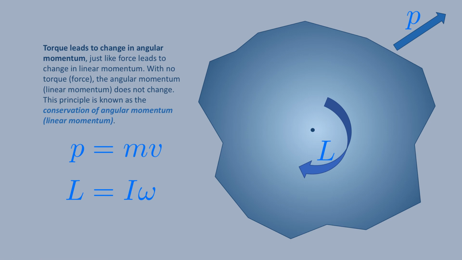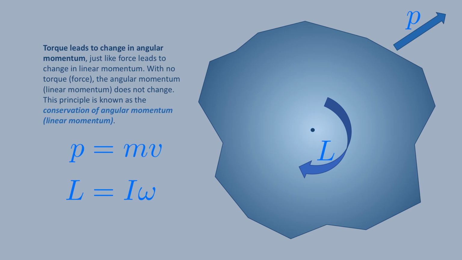In other words, making it rotate by pushing on it in a certain way. Okay. That's analogous to how you would give something momentum or change something's momentum by pushing on it with a force. So torque corresponds to change in angular momentum, just like force results in change in momentum.